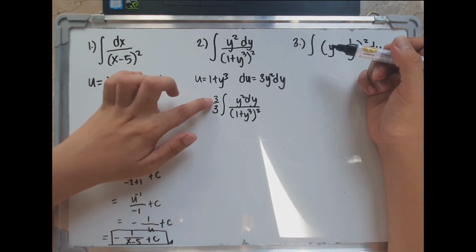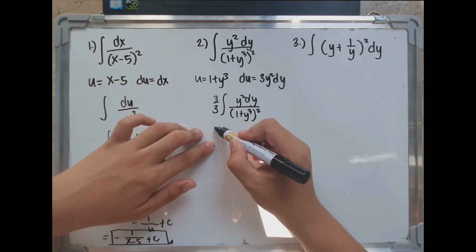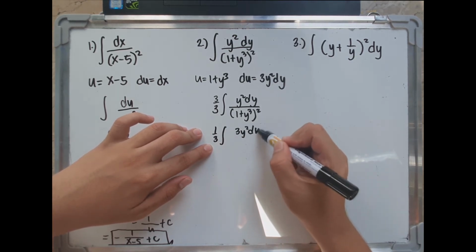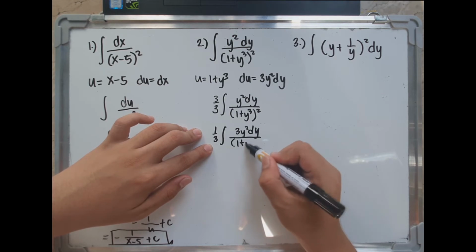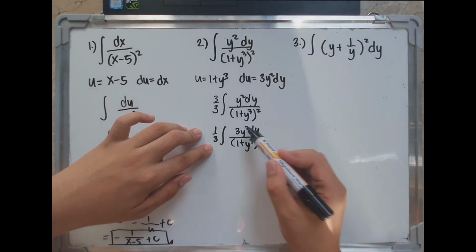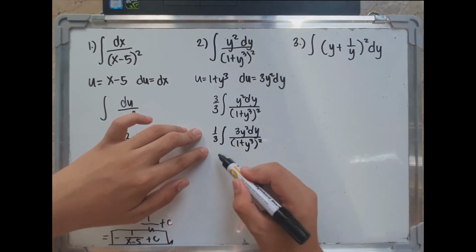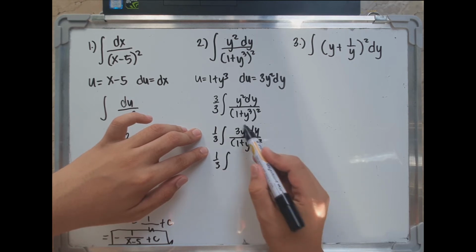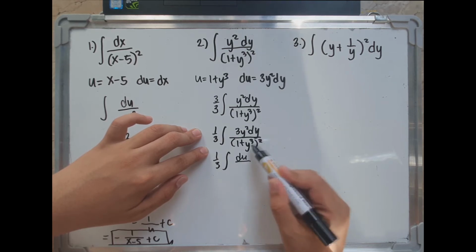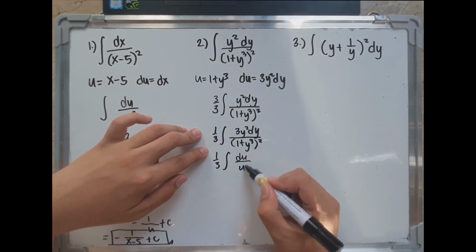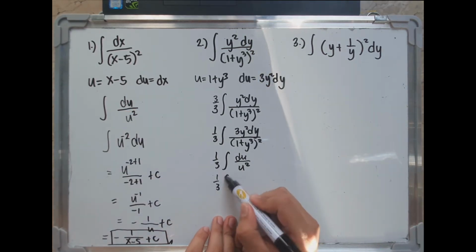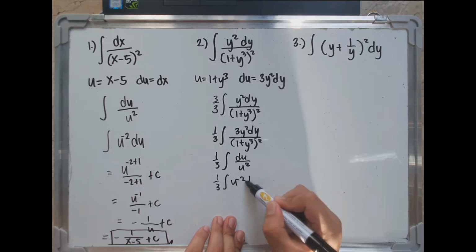We could move the numerator 3 outside, so we will be having 1/3 integral of 3y squared dy whole over 1 plus y cubed raised to the power of 2. Now we could replace the values of our numerator and denominator. We have 1/3 integral of, this is obviously the du, over this one as the u squared. So we now have 1/3 u raised to the power of negative 2 du.